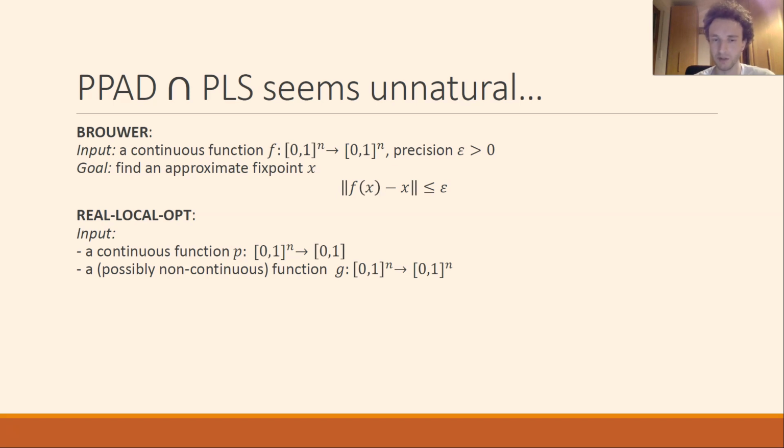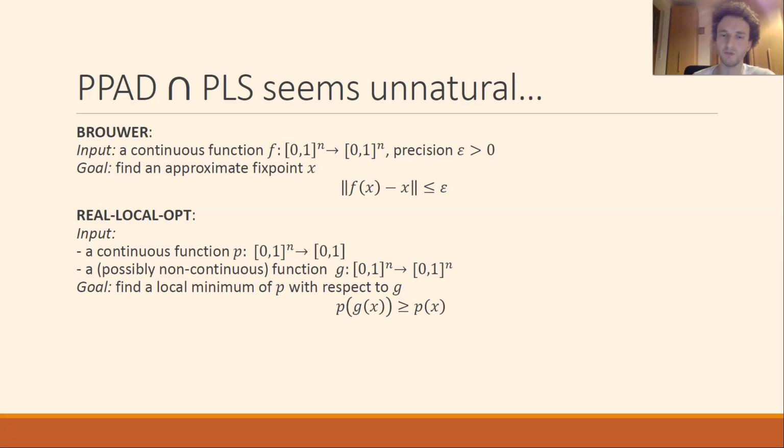The goal is to find a local minimum of p with respect to g, namely a point x such that p(g(x)) is greater or equal to p(x). Intuitively, this just means a point x where if I apply g, I don't get a better point with respect to p; I don't get a point that decreases the potential p. Again, for technical reasons, we have to add this little epsilon. And this problem is known to be PLS-complete.